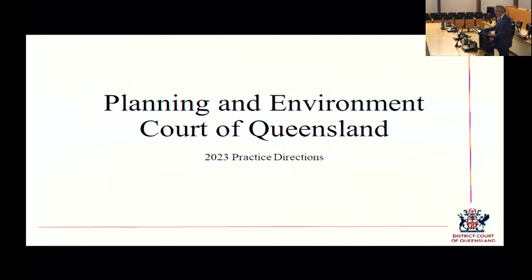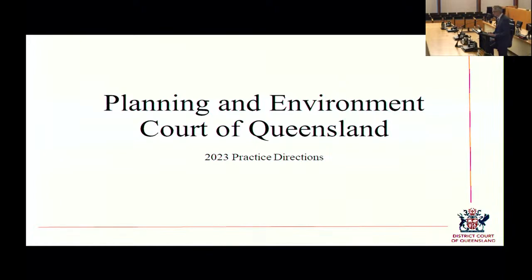Section 10, called Principles for Exercising Jurisdiction, provides that in conducting the P&E Court proceedings and applying the rules, the P&E Court must facilitate the just and expeditious resolution of the issues and avoid undue delay, expense and technicality.